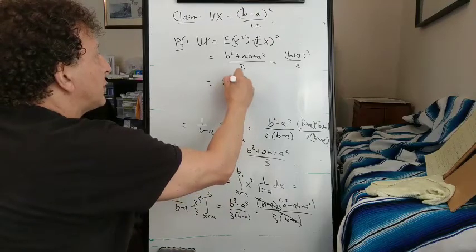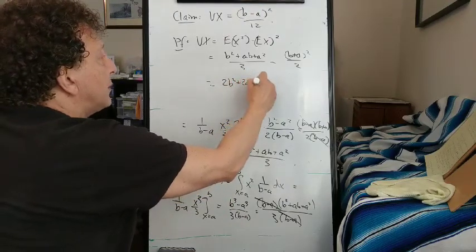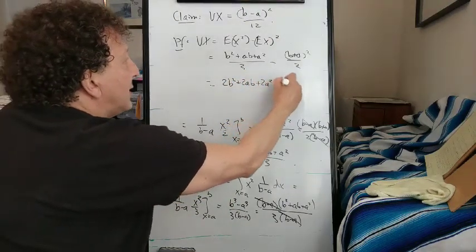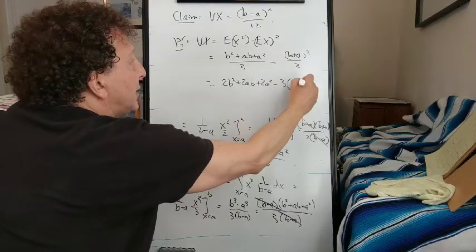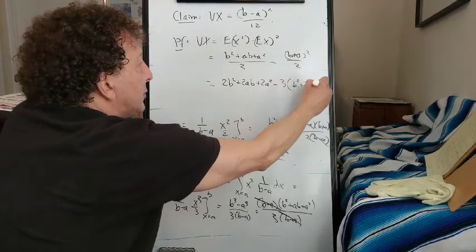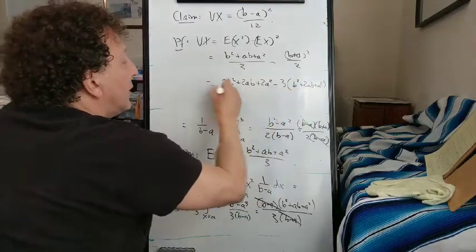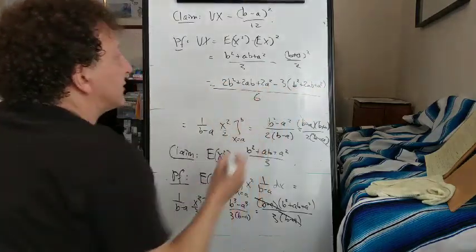So 2b squared plus 2ab plus 2a squared minus 3b squared plus 2ab plus a squared all over 6.